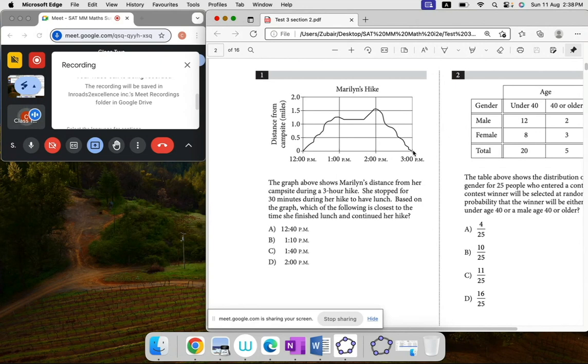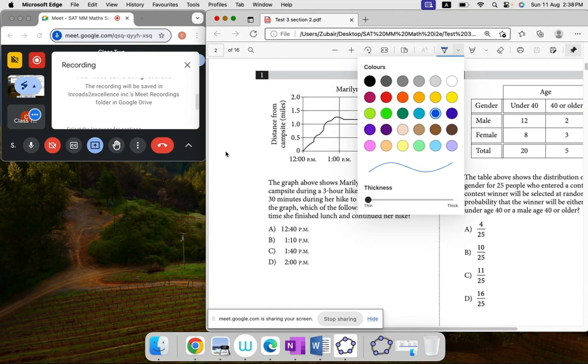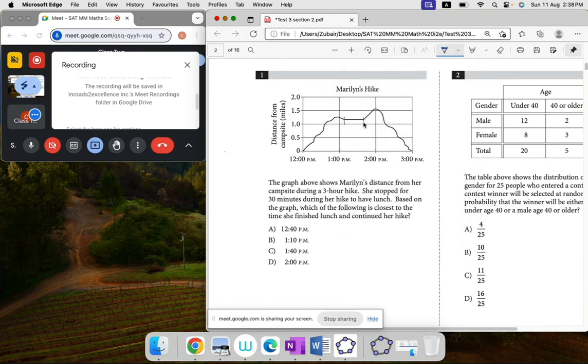Based on the graph, which of the following is closest to the time she finished lunch and continued her hike? I can see one horizontal line. And closest to this is before 2. That is after 1, and it's 140, more than half.